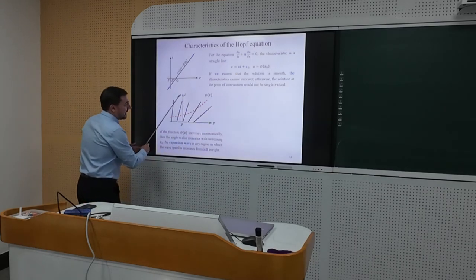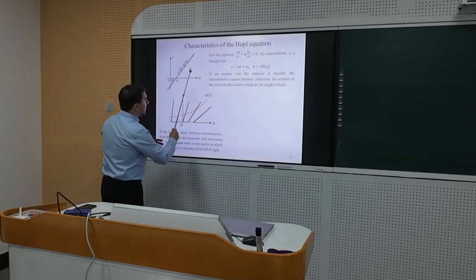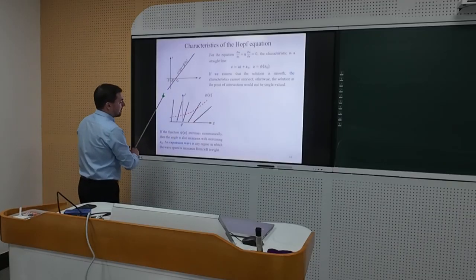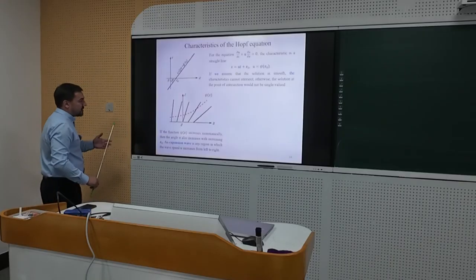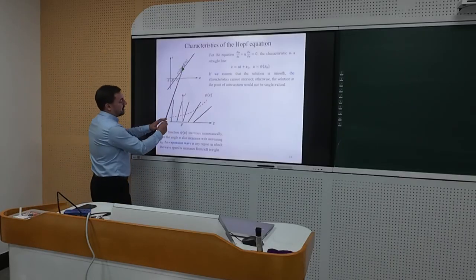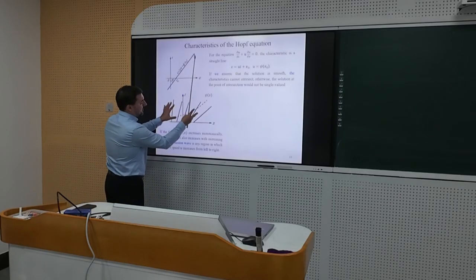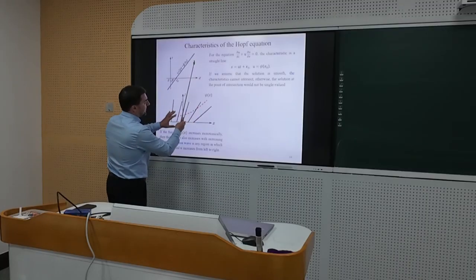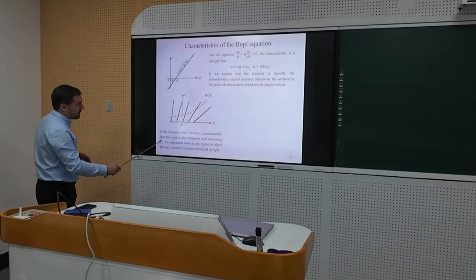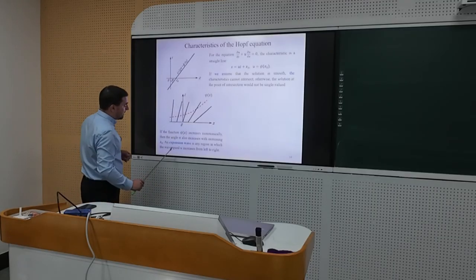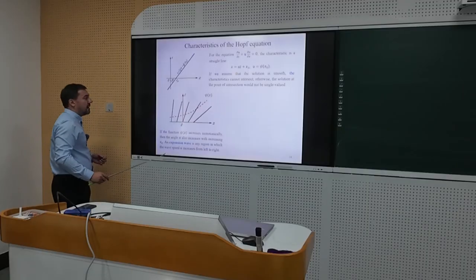So if psi increases, then u increases, and then alpha also increases. This type of flow is called an expansion wave, a region with divergent characteristic lines. An expansion wave is any region in which the wave speed u increases from left to right.